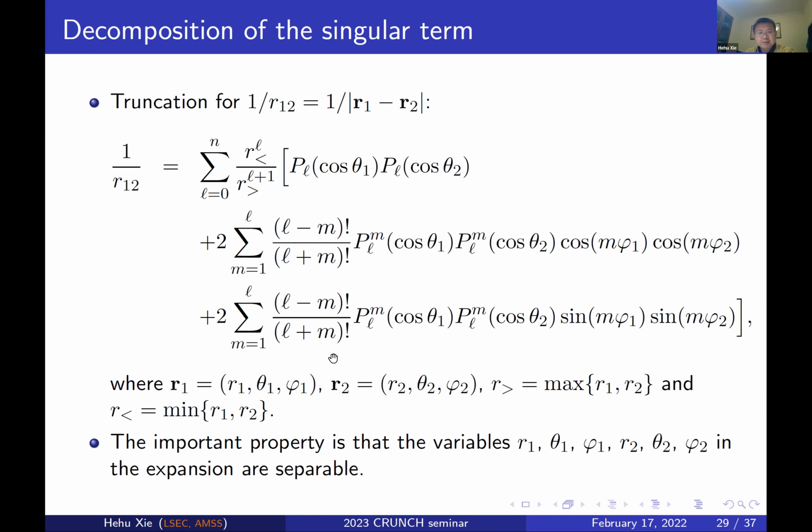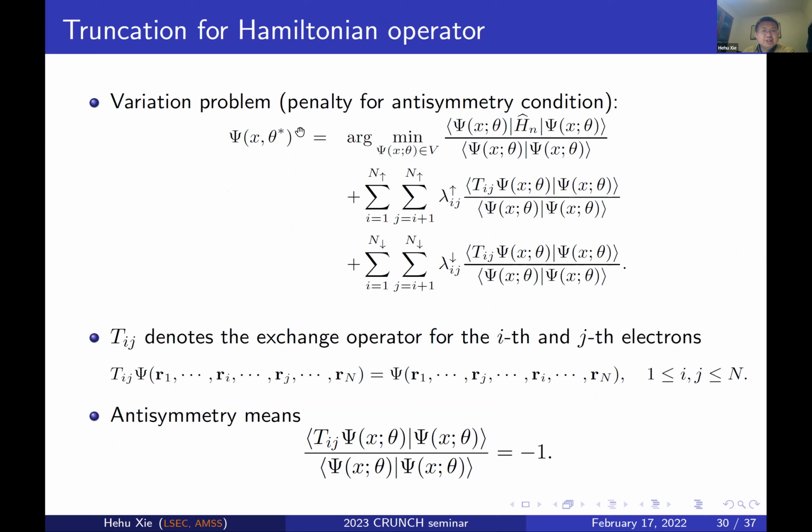Okay, in order to define the loss function for the Schrödinger equations, this term is the same as the model eigenvalue problems, but these two terms denote the penalty term to make the wave functions satisfy the exchange anti-symmetry. The anti-symmetry comes from the Pauli exclusion principle.